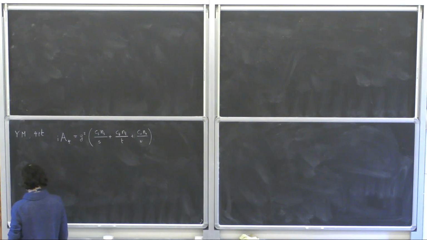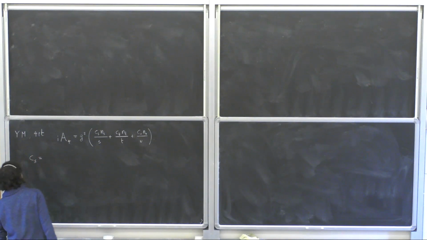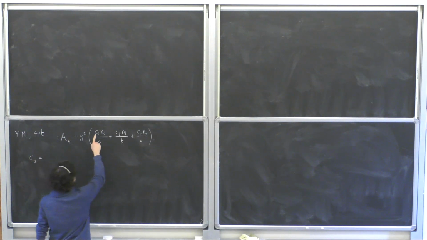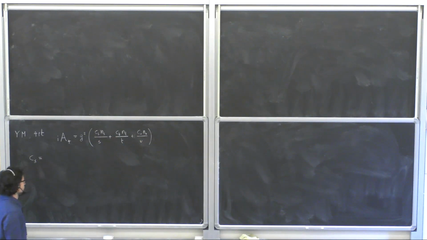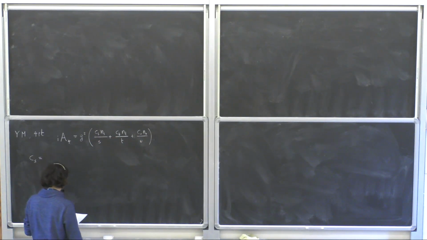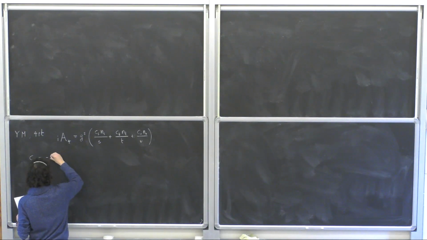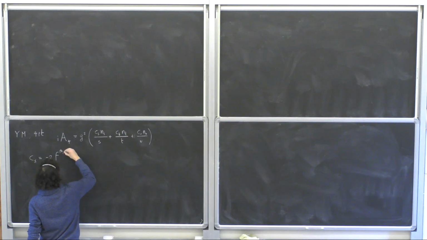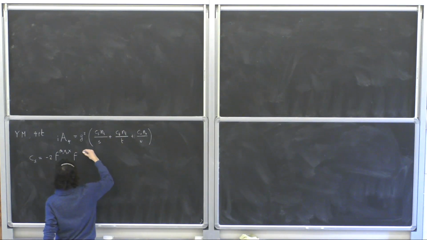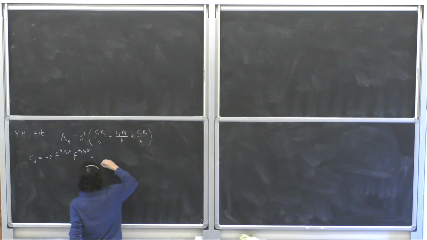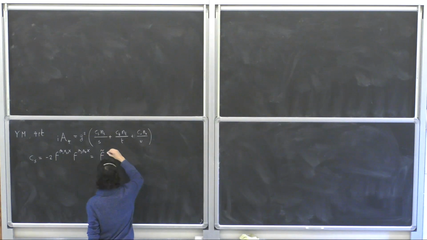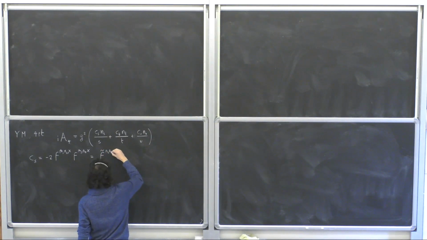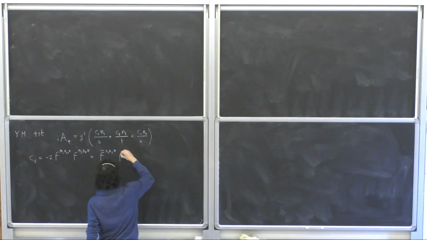One first thing to note is that since this is a color-dressed amplitude, we need to have color factors. So all the group theory information is in this C_s, C_t, and C_u, s, t and u representing essentially the channels which we are considering. So for example, C_s will have the normalization of f^{a1 a2 x} f^{a3 a4 x}, which, remember that at some point we introduced our f tilde, and these are the natural normalization for the structure constants which we want to use.